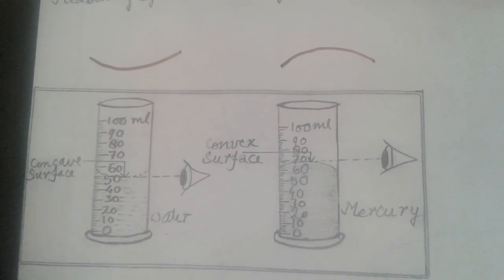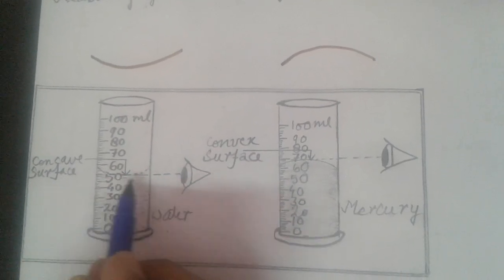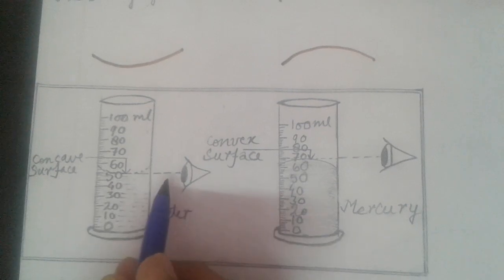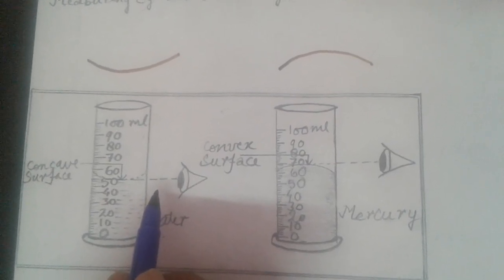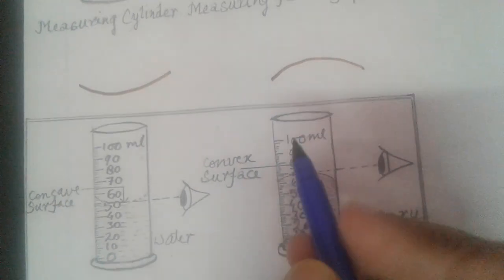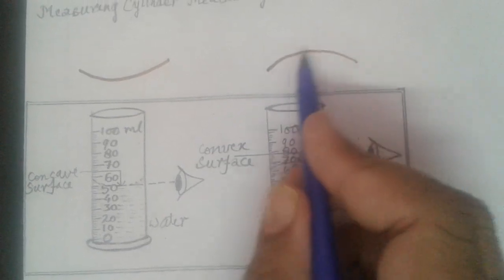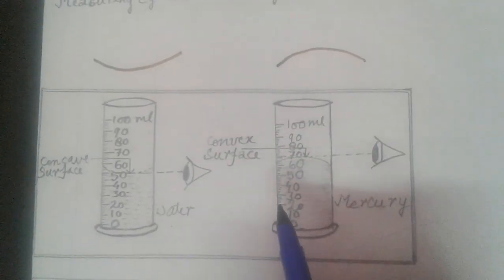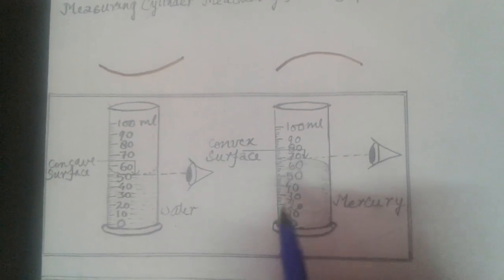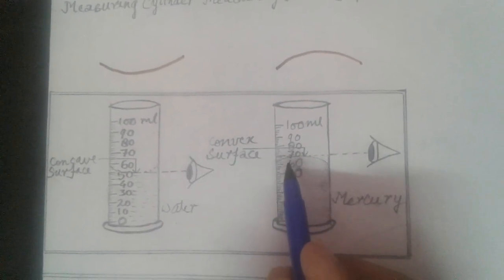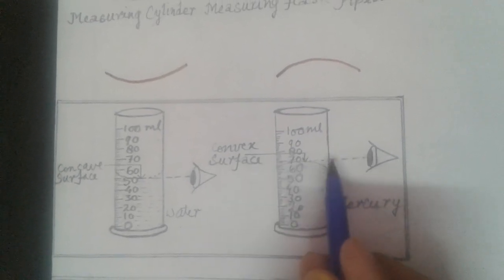So we must keep our eye level just in line with the lowest level of concave surface for accurate reading. In mercury, convex meniscus is formed like this. In this, force of cohesion is more than force of adhesion. So here eye level should coincide with the uppermost point of the convex surface.